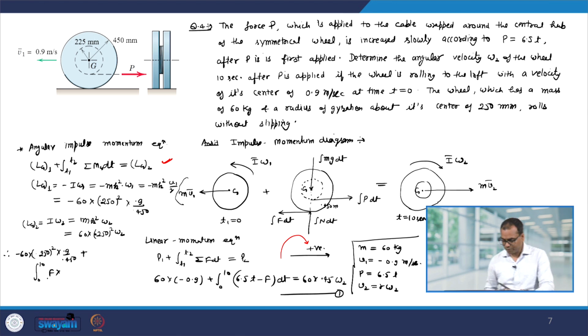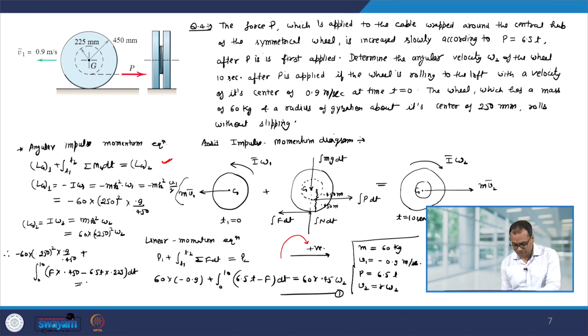We have the force F which is acting at a distance of 0.450 meter, so F into 0.450, this is the moment, minus we have force P which is acting at a distance of 0.225 meter, so 6.5 t into 0.225 dt equal to Lg2.